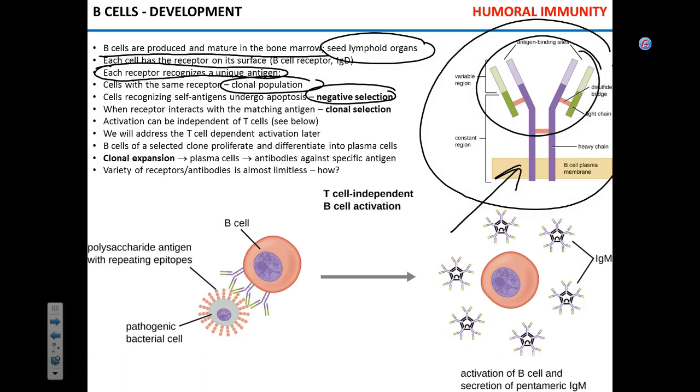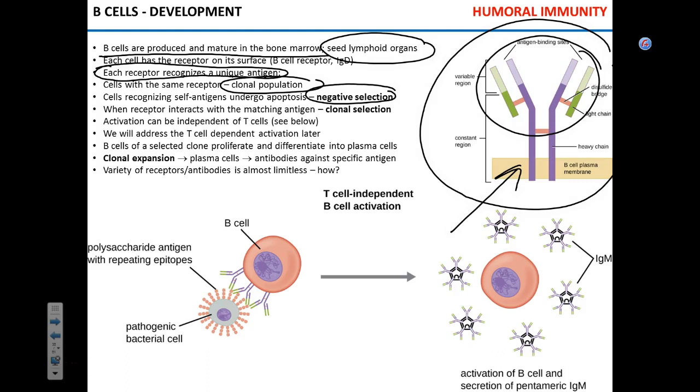So, what if, during B cell development, there is a clonal population, a clone of B cells that, due to some unfortunate mistake, can recognize and be activated by our own protein, say a myelin protein.